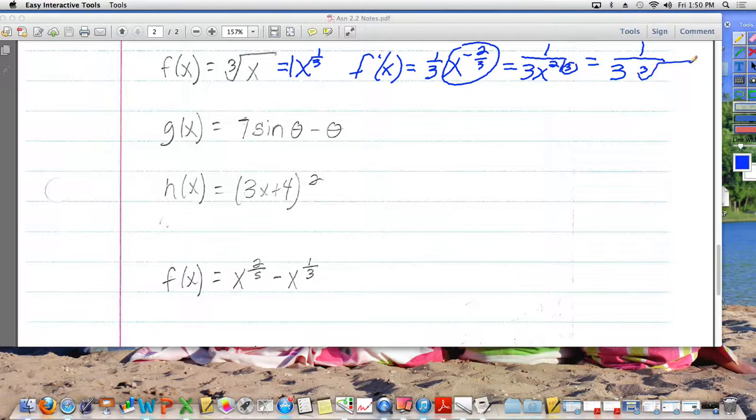It's the cubed root of, that's a cube, by the way. It's a cubed root. A cubed root of, and then the top is the power. So it's x squared. So your final answer here is 1/3 cubed root of x squared.